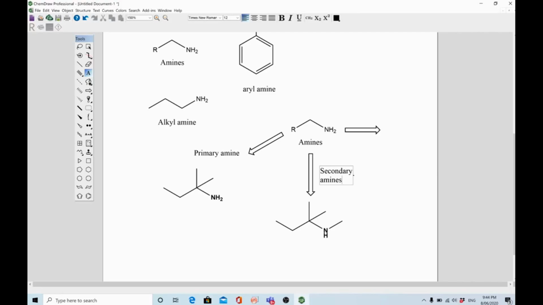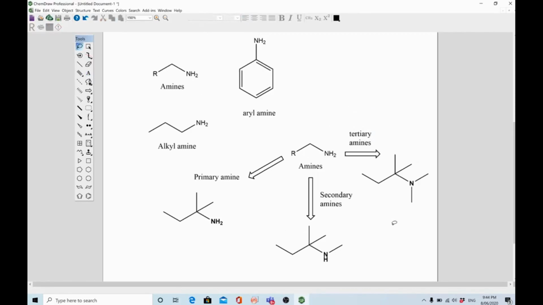You need to understand the difference between these different functional groups, different classifications, and different types. Further, the last type of amines is tertiary amines. If the nitrogen does not contain any hydrogen, that is easy. You look for the hydrogens attached on the nitrogen atom. That's it. So this is tertiary amine.